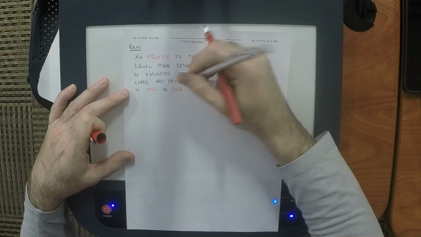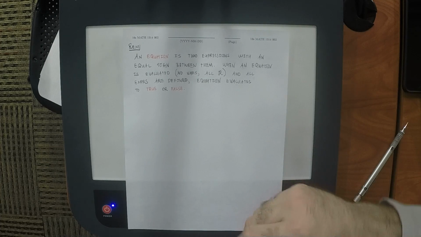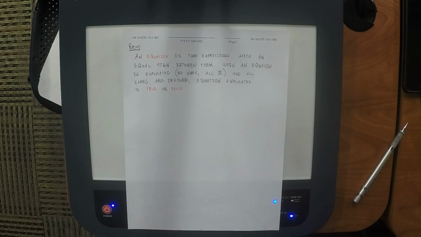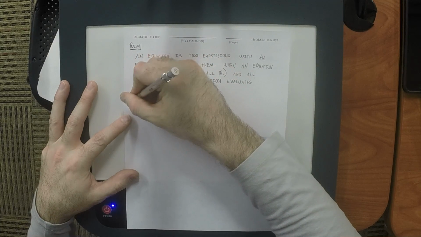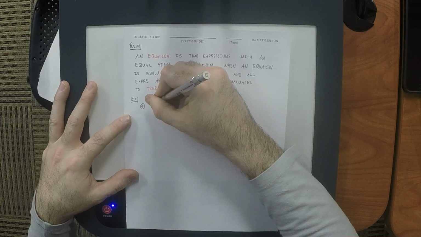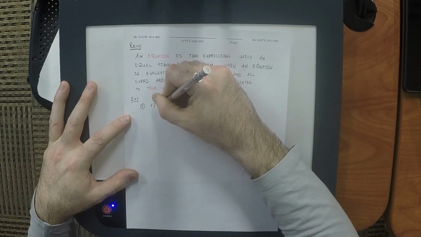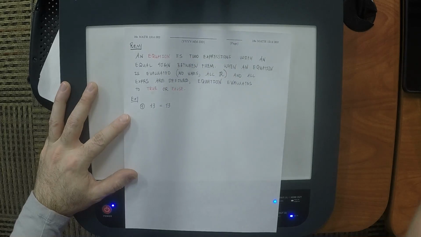Okay. So now is where I have to say, brace yourselves. My experience tells me about half of you are going to find this uncomfortable. So, for example, how about this? 13 equals 13. Is that an equation?